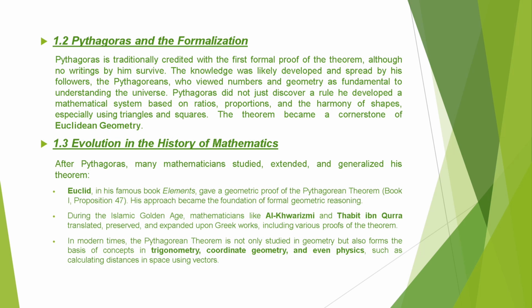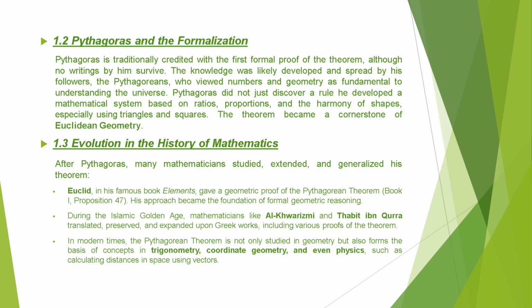Evolution in the history of mathematics. After Pythagoras, many mathematicians extended and generalized his theorem. Euclid, in his famous book Elements, gave a geometric proof of the Pythagorean theorem, Book I, Proposition 47. His work became the foundation of formal geometric reasoning.